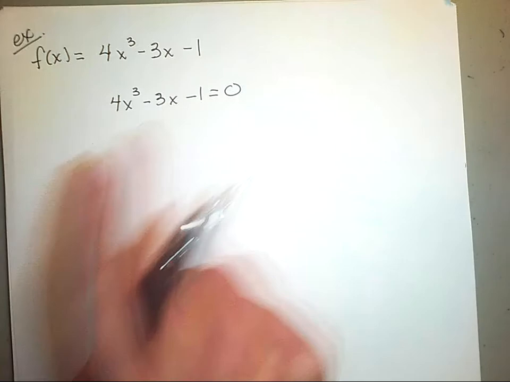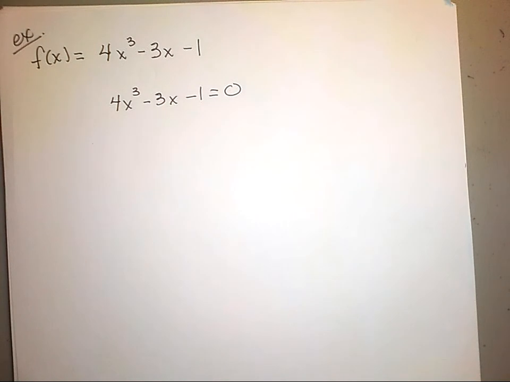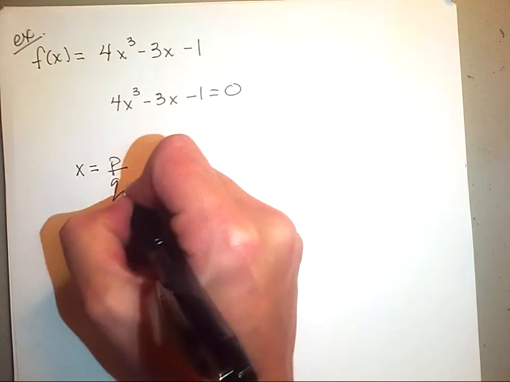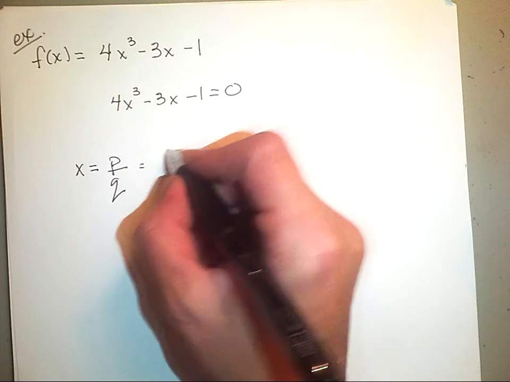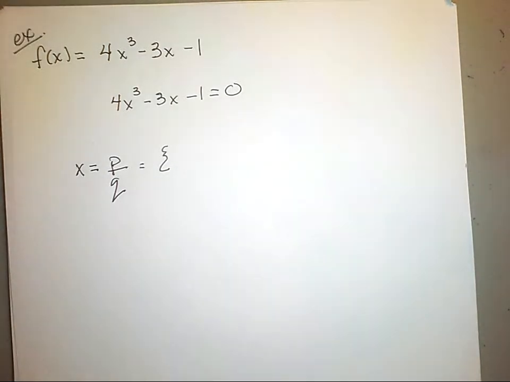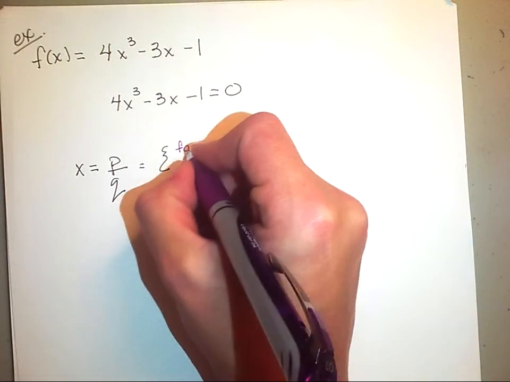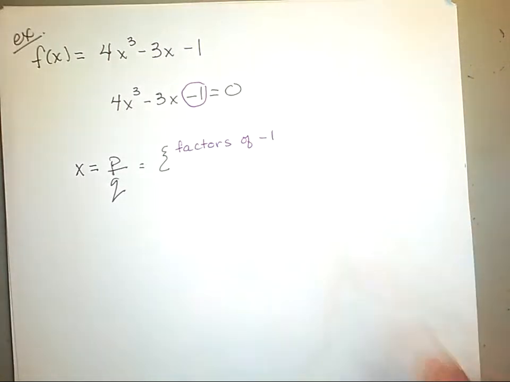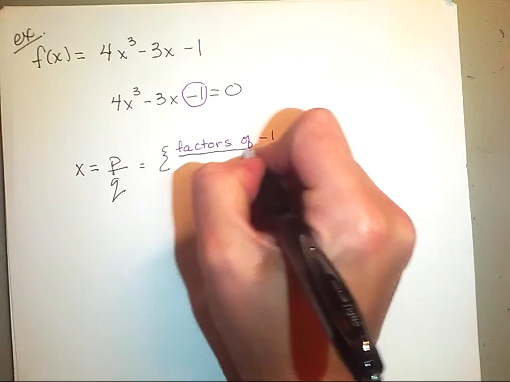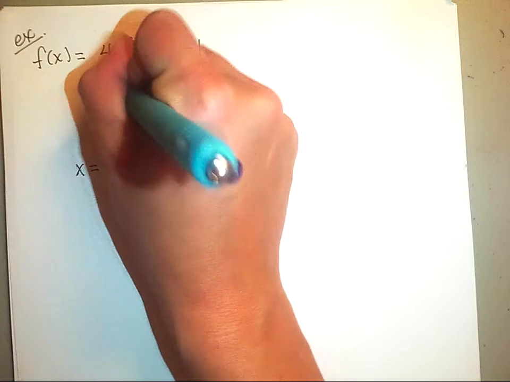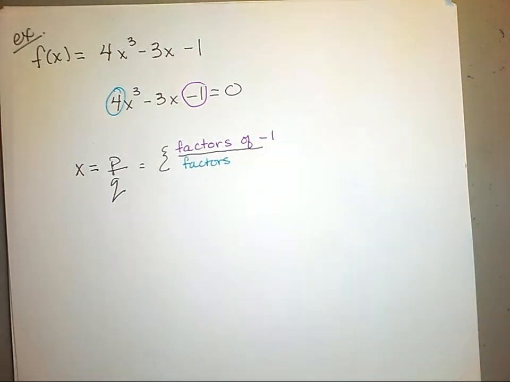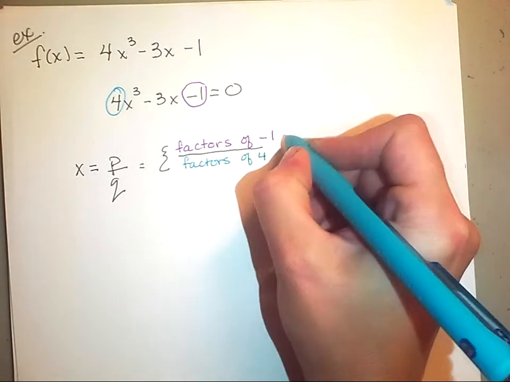So let's resort to the rational zeros theorem and say that x will be equal to, if it's rational, some p over q. This is going to have to be the factors of our constant term, -1, divided by the factors of the coefficient of the leading term.